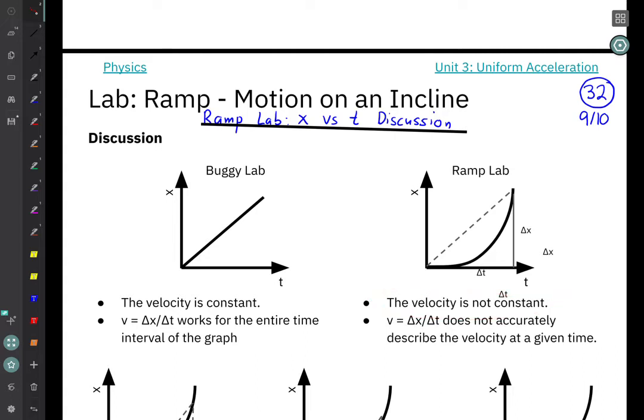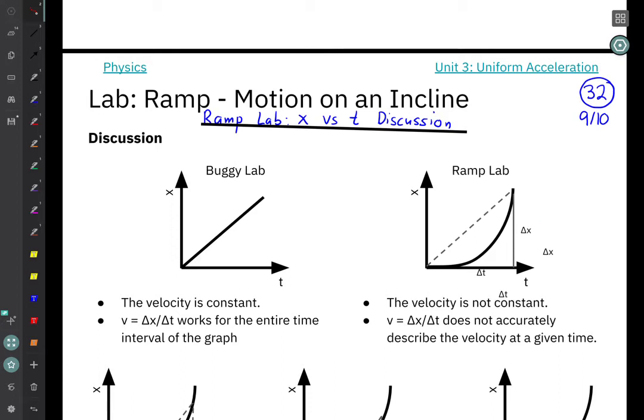And if our velocity, which is the change in position over change in time, does not accurately represent the cart at any point, we can't really use that relationship for this graph up here for our ramp lab. We're going to need to find a way to make sense of what that means. And that's what these dashed lines over here and all these little delta t's and delta x's really mean, a way for us to talk about what that is going to look like and what we can do with that.